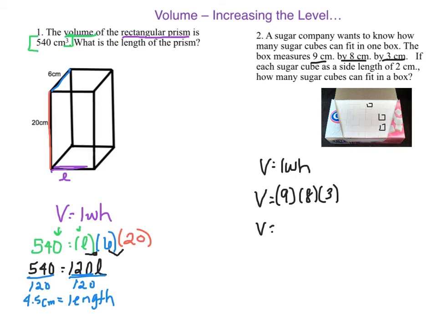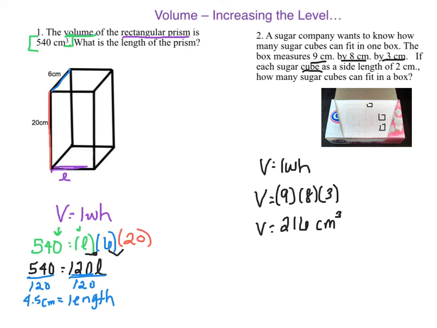So I'm going to multiply these all out. 9 times 8 is 72. 72 times 3 is 216 cubic centimeters. That's how big the box is, how much it can hold. Now, I need to figure out how big is each little individual cube.